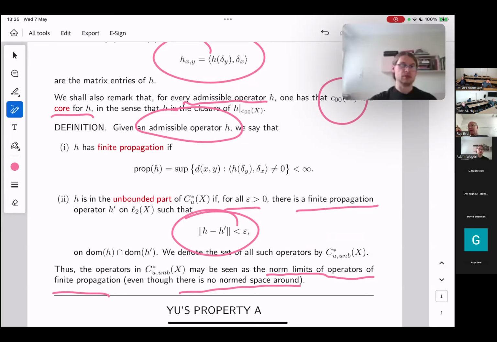So again, one question: what kind of structure does this C star U unbounded form? Is it a star algebra, for example? Excellent question, and we have thought about it. Our results are going to use this algebra, but we haven't really investigated. I mean, theories of algebras formed by unbounded operators are all very difficult.